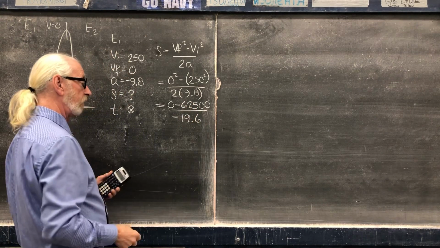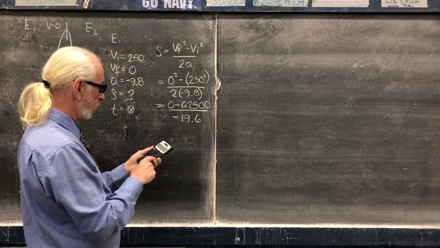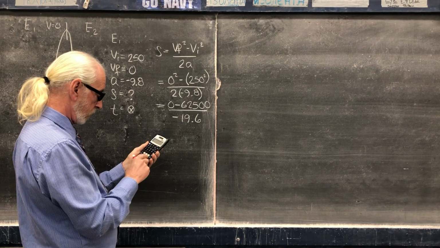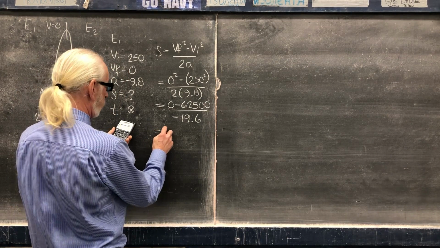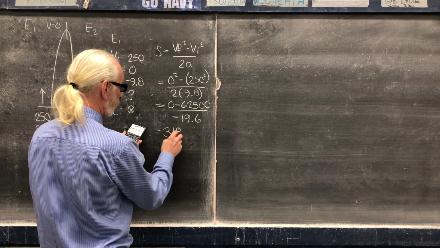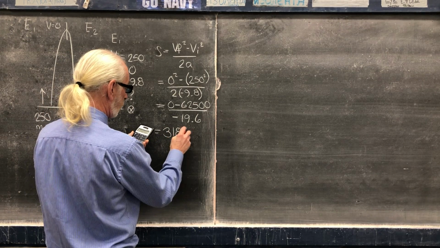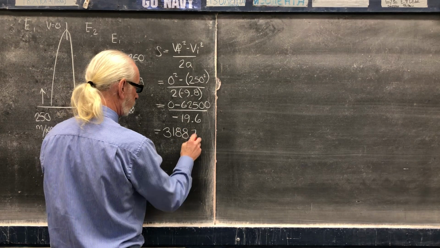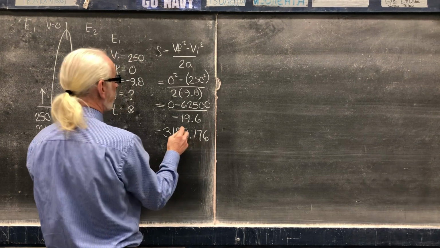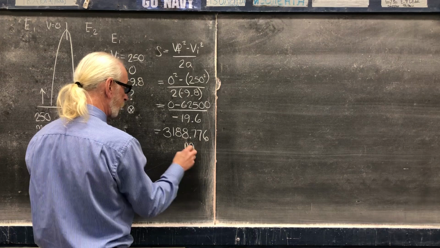Negative divided by a negative is a positive. And I have 3,188.776. And that is displacement, so that would be meters.